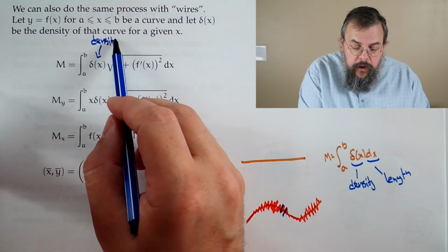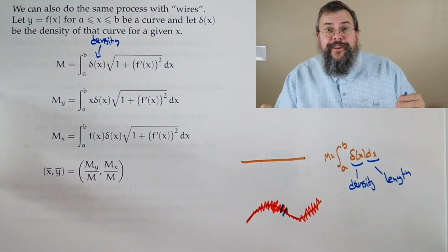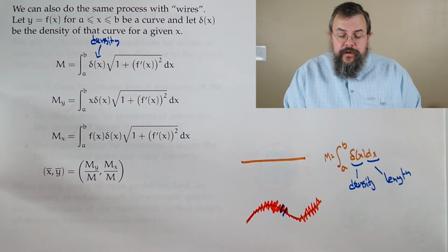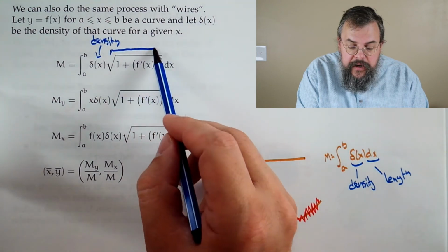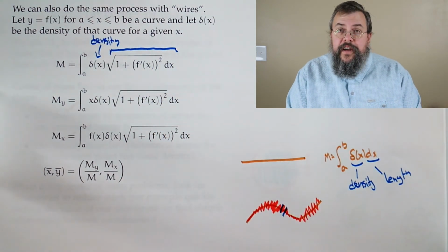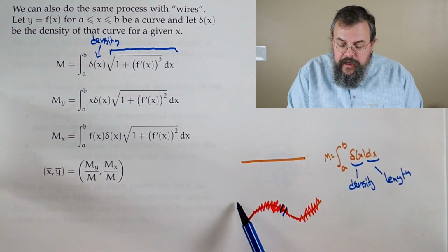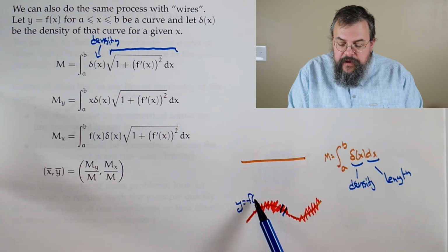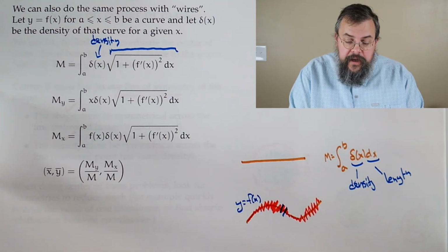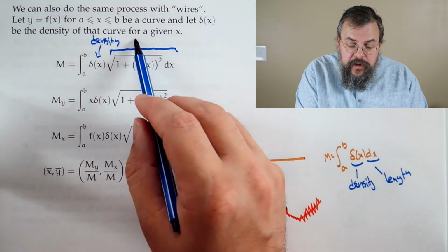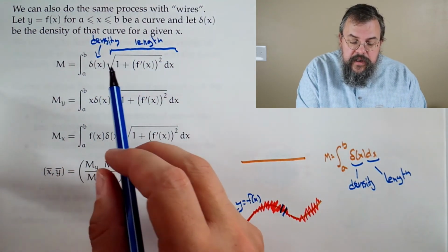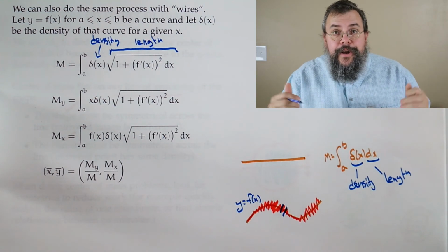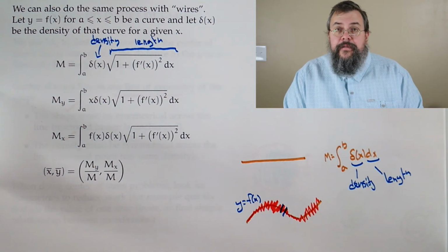What's length? Well, we've talked about length on curves. That's one of the things we learned how to handle. And that is this part right here, the square root of 1 plus f prime of x squared. So we're thinking about this as a very special type of curve, namely the curve y equals f of x. And so this becomes the length. So you integrate density times length. And there you go. And now you found the mass.